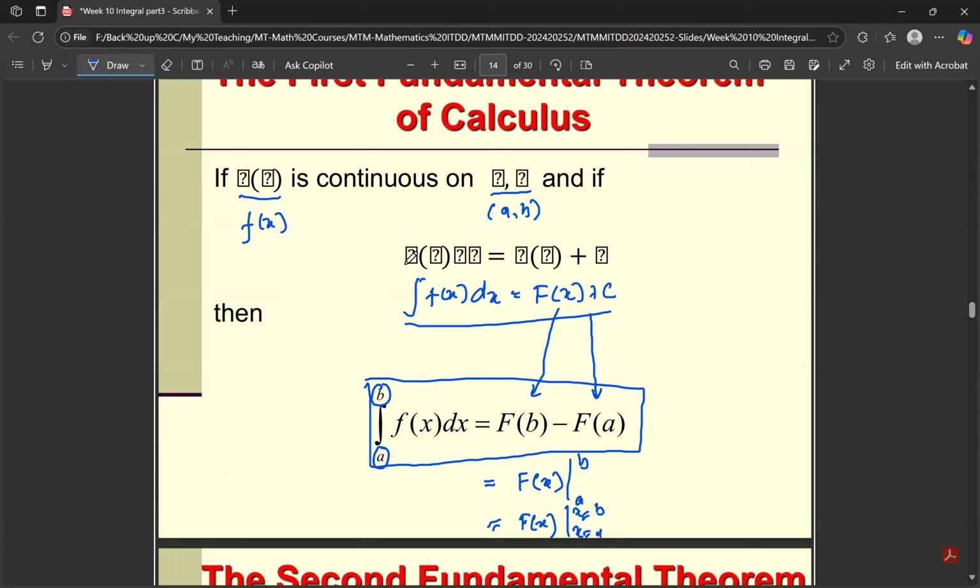This is how to calculate a definite integral.